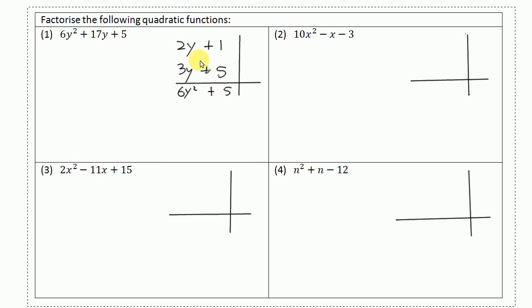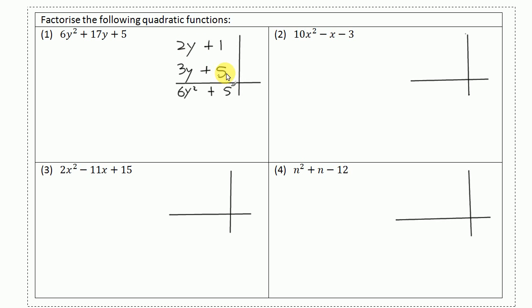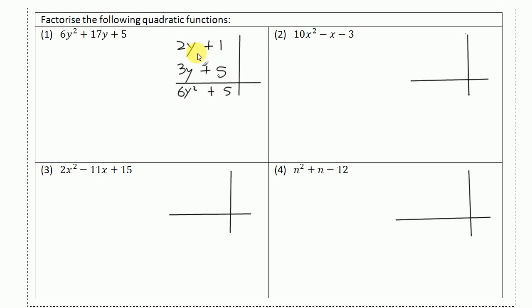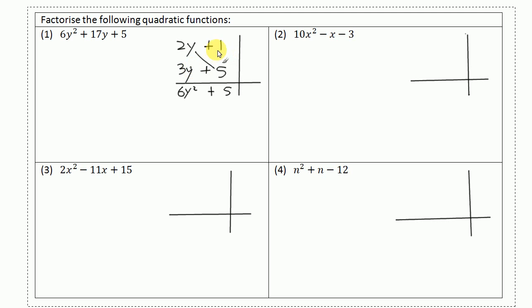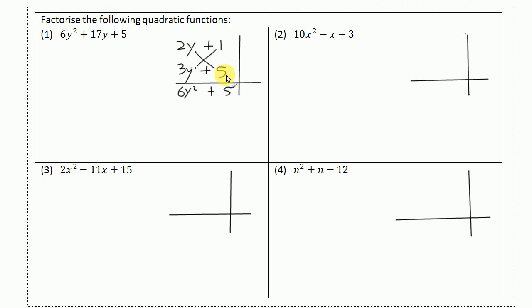Okay. The next step, we take this and multiply by the term here. And take this number here and multiply by the 3y here. So when 2y is multiplied by 5, you get plus 10y.